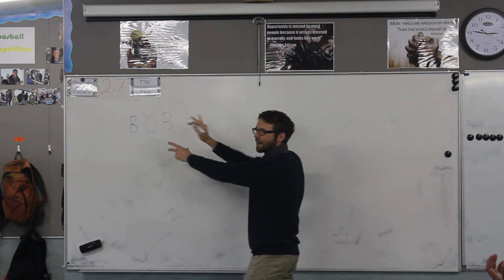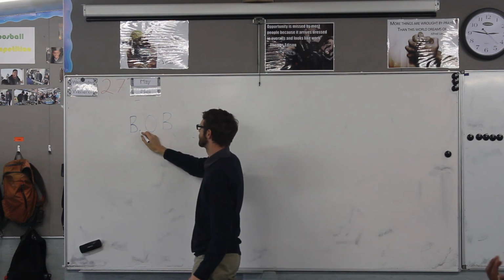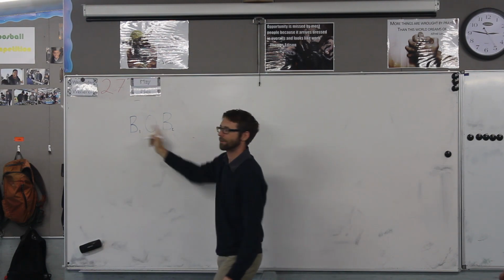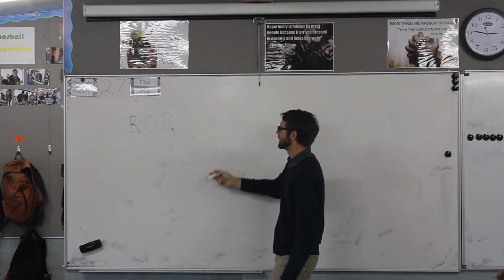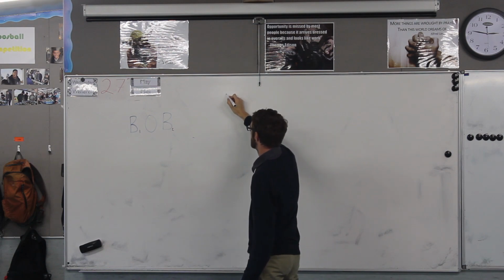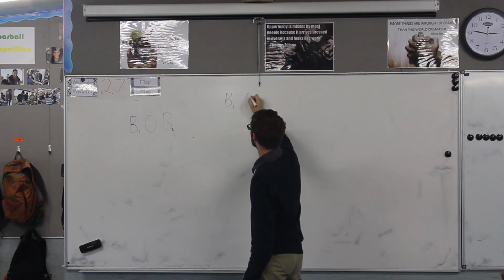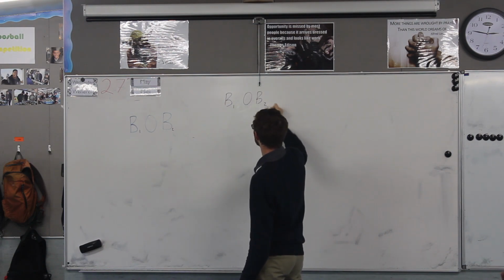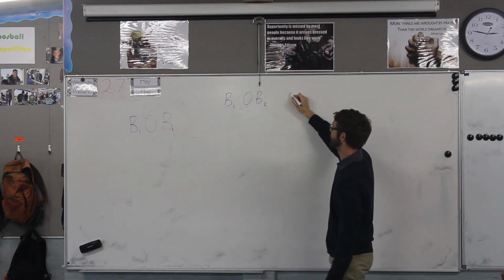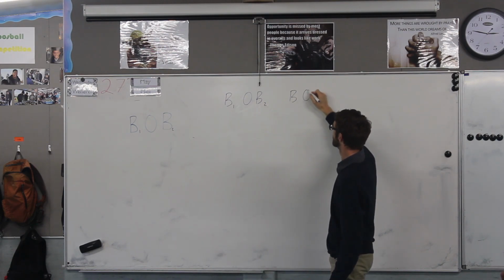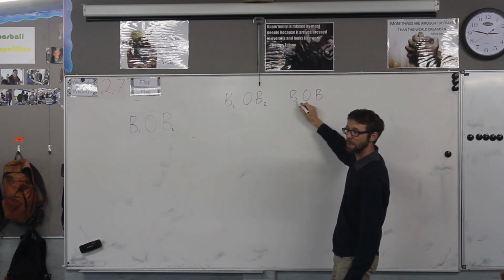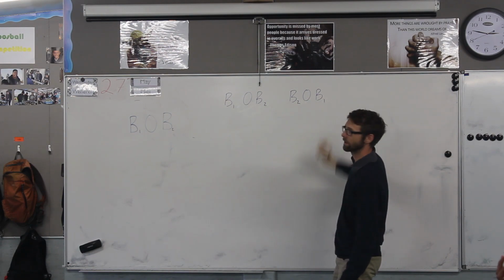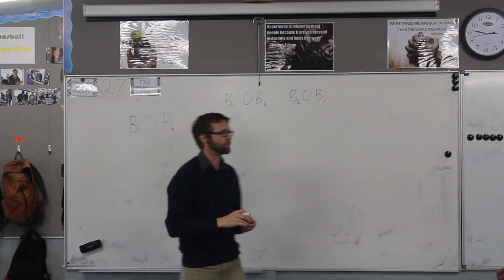So let's just rearrange Bob by pretending for a moment that these are different letters. Okay? So we could have Bob like this, and then we could also have the corresponding one where we've got B2 O B1. Okay? What are the other options that we've got?